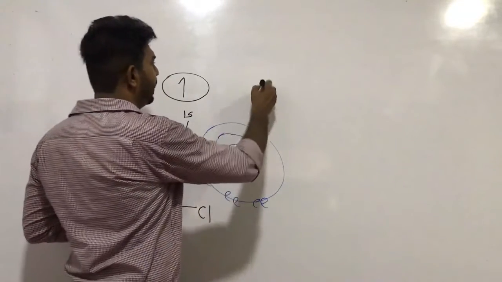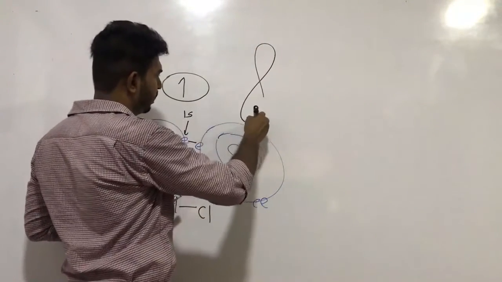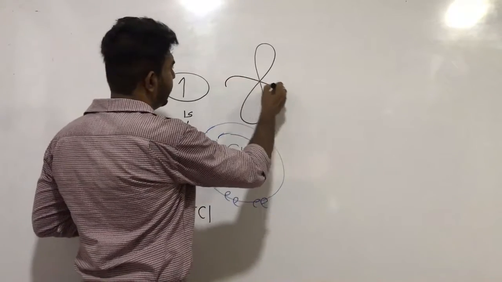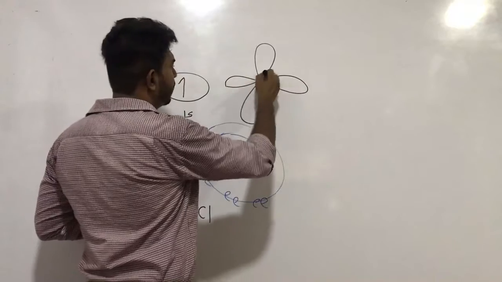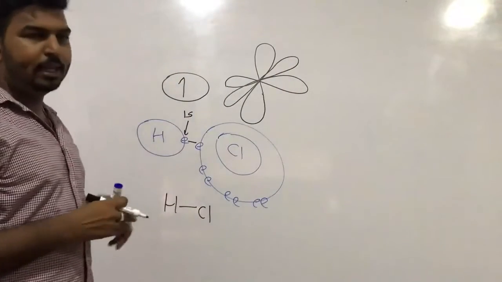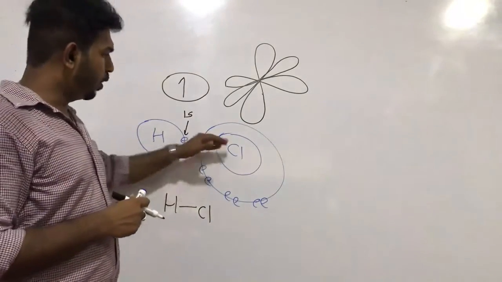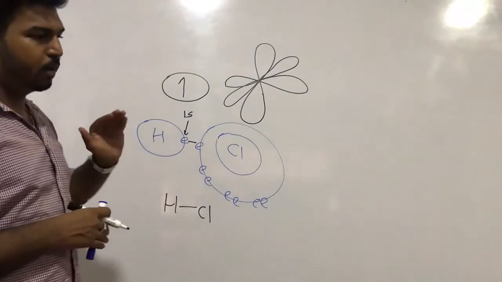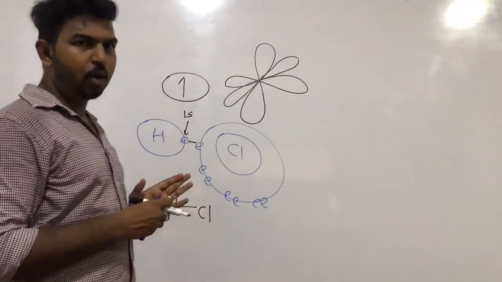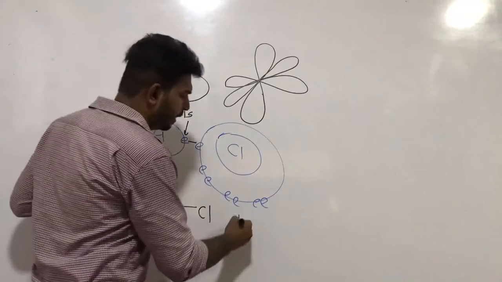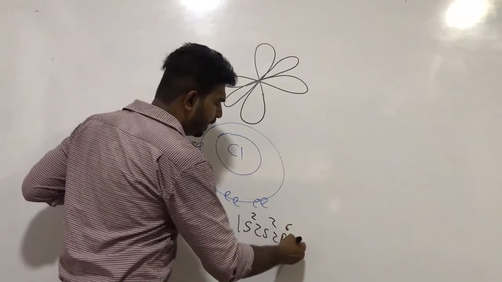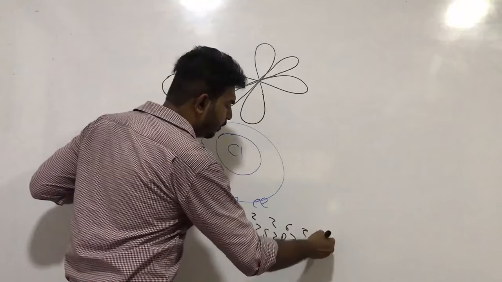We know that a p orbital has a dumbbell shape. How do we identify the orbital? The electron configuration of chlorine is 1s2, 2s2, 2p6, 3s2, 3p5.